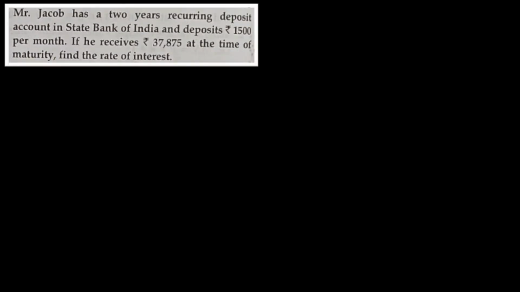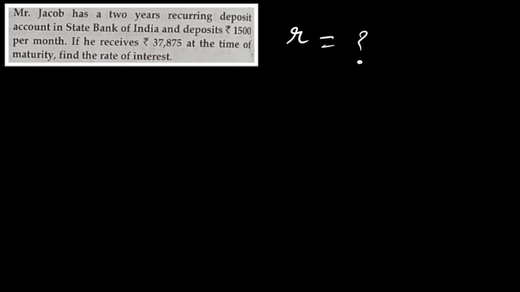Let's do the next question now. In the next question, we have to find the rate of interest. Here MV is given to us and the monthly deposit is given to us. This type of question we have already done, so you can just take a screenshot of this question and solve it on your own.